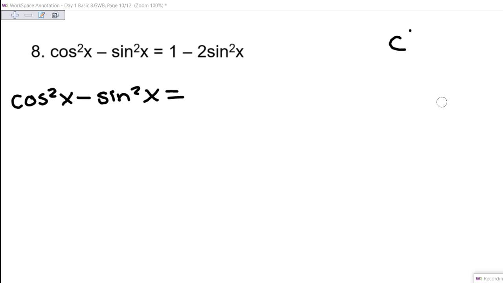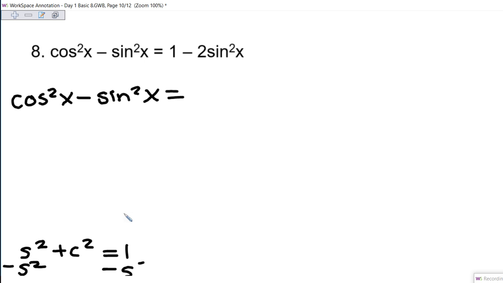I'll do my work down here. So here's my scratch work down here. Sine squared plus cosine squared equals 1. Now we have to get rid of the cosine squared. So if I wanted the cosine squared by itself, what would I have to do? Subtract sine squared.